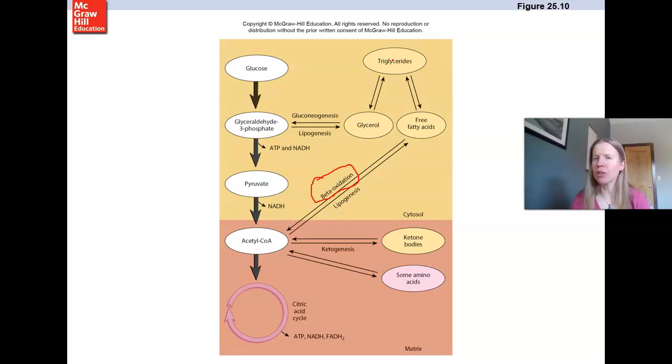Remember, a triglyceride is a glycerol and 3 fatty acid tails. You can store so much energy in a lipid, and we're going to rip it apart 2 carbons at a time, in the form of acetyl-CoA. So our lipid gets fed into respiration as acetyl-CoA, right? Beta oxidation takes those fatty acids, makes acetyl-CoA, and then we can run through this and get ATP.